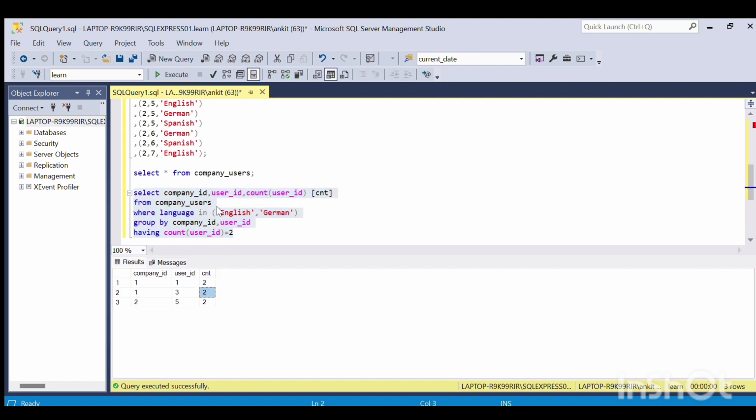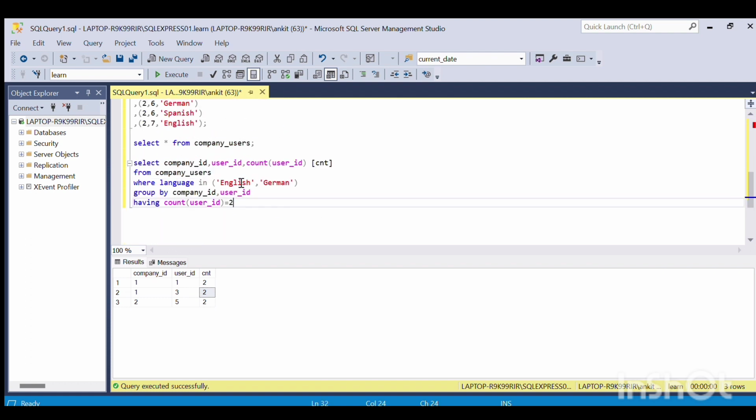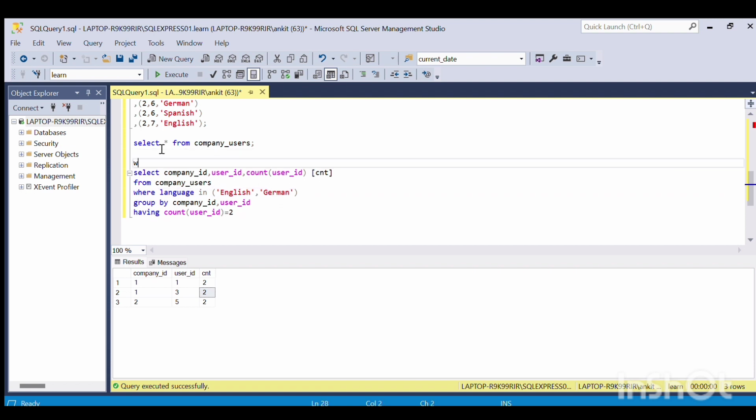As the question says, we need to find the company where there are at least two users, those who know both the languages. So the count should be 2, which means he knows both the languages, so I am writing having count is equal to 2. I will store this in a CTE.